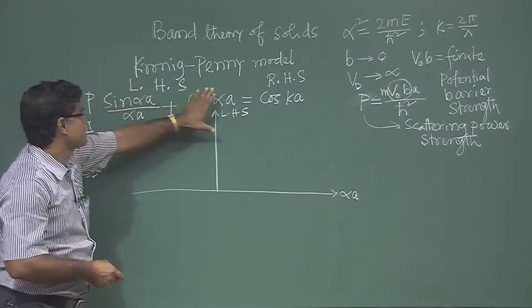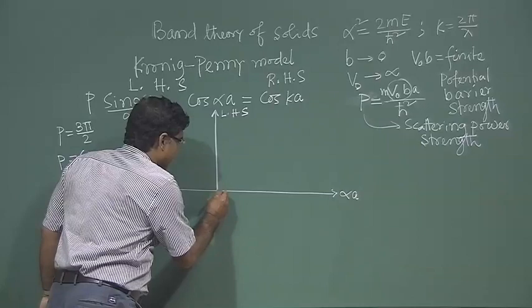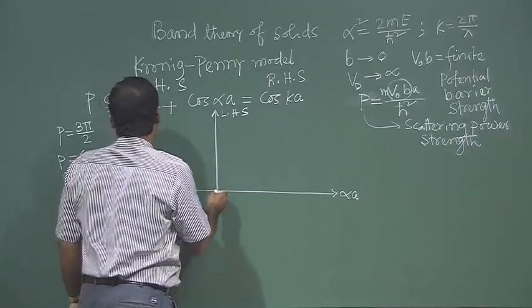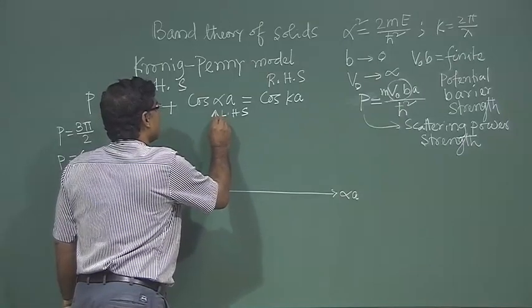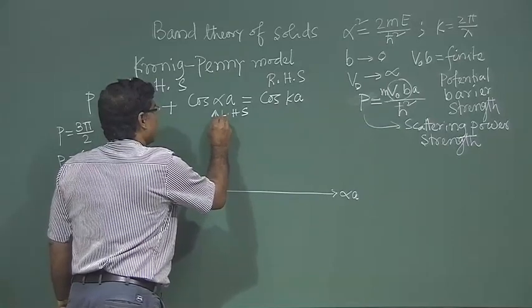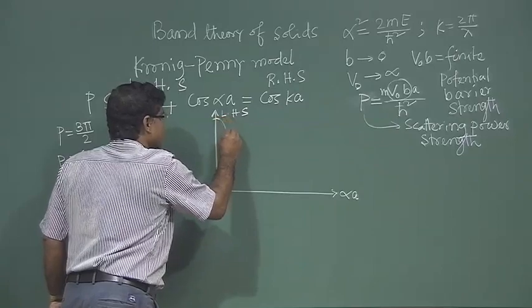For alpha a close to 0, its value is around 4.5, and it will vary like this.